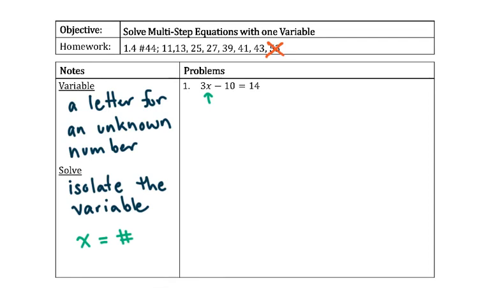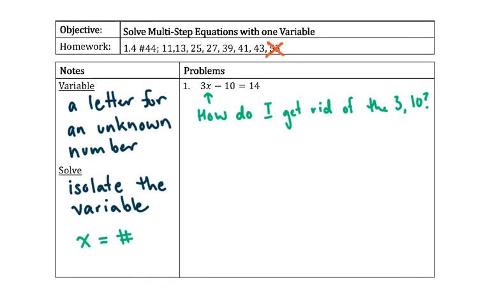So when we're looking at a solve problem like this, we see our variable x and we want to ask ourselves, okay, it's not by itself right now. We've got a 3 and a 10, and we want to ask ourselves, how do we get rid of the 3 and the 10? Well, you can use the opposite operation. These are sometimes called inverse operations.